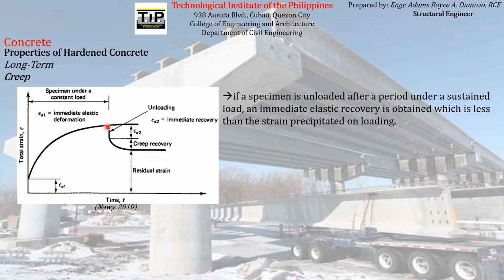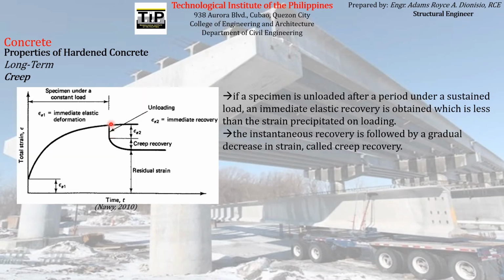But for example, at a certain time, if we unload the material, meaning we remove the load being supported by the material, the tendency is that it will have a sudden decrease in the strain that it experiences. Again, that sudden decrease in strain is what we call the immediate elastic recovery.